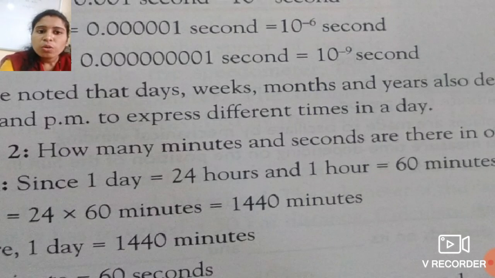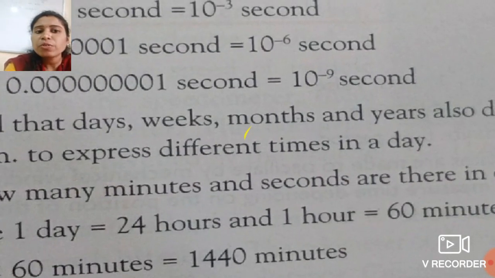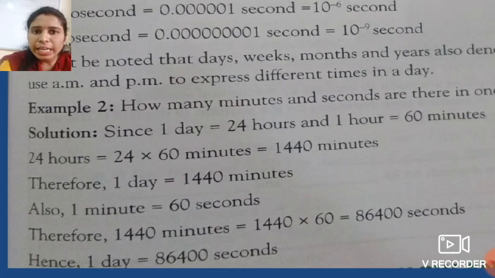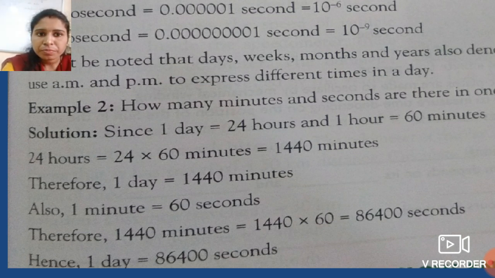So first we can convert these 24 hours into minutes and then seconds. Okay, so students, we all know that one day is equal to 24 hours. There are 24 hours in whole one day. And in 1 hour there are 60 minutes. So for converting these 24 hours in minutes, what we do?